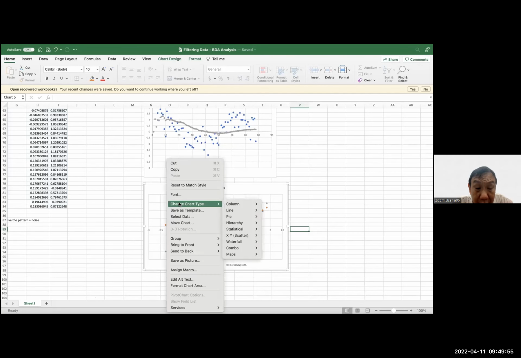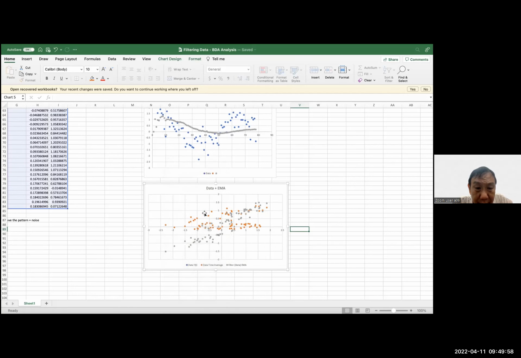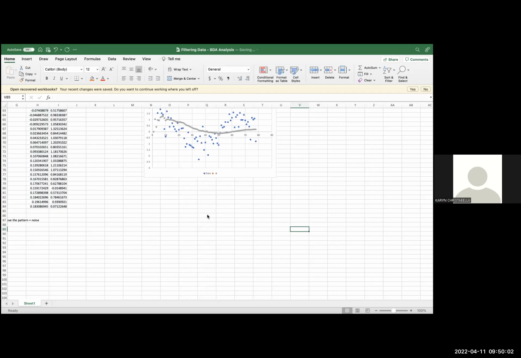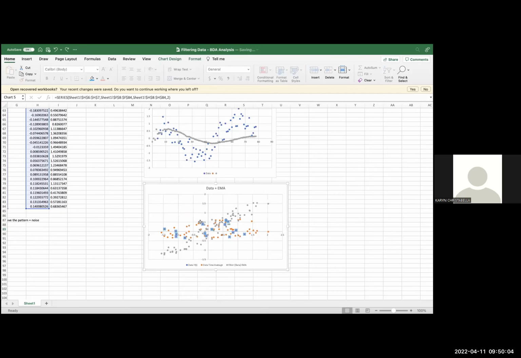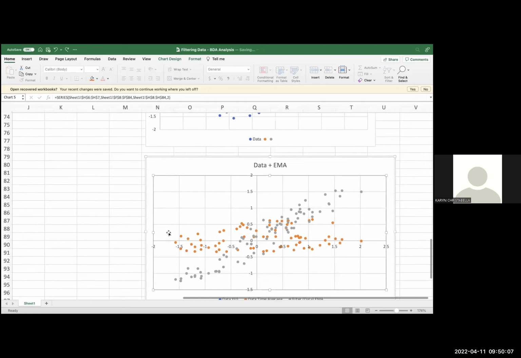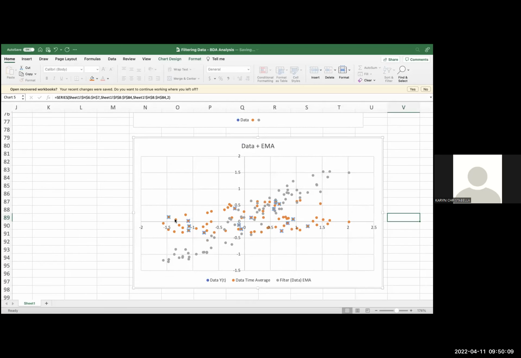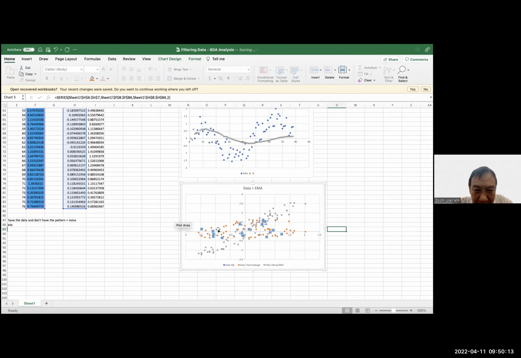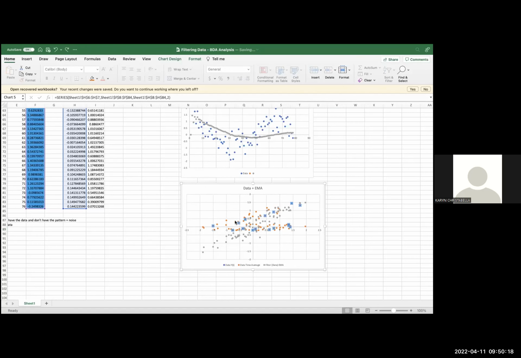You remove the time average first. You just click one of that and then delete there. Delete series. Yeah, like this.